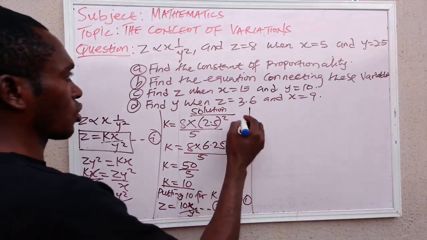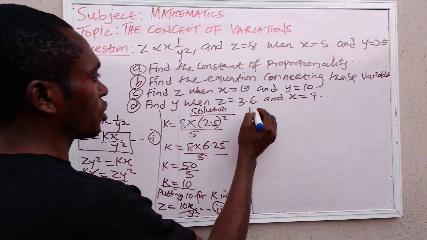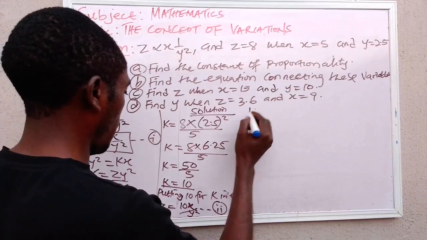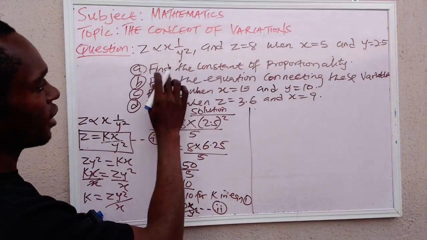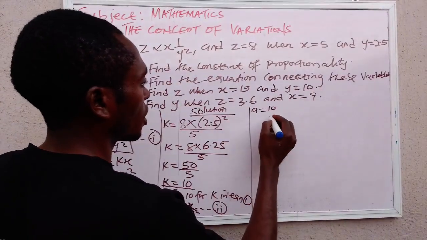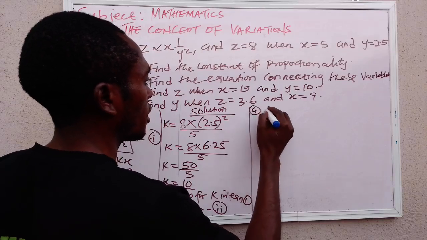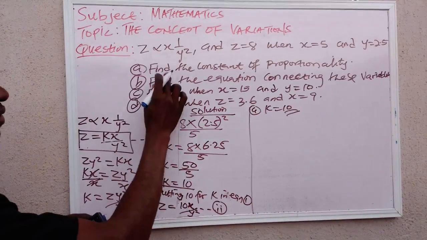So we'll begin by solving. A: Find the constant of proportionality. I've gotten our a as 10. So a is equal to 10. That's question A. K is equal to 10. That's the constant of proportionality.